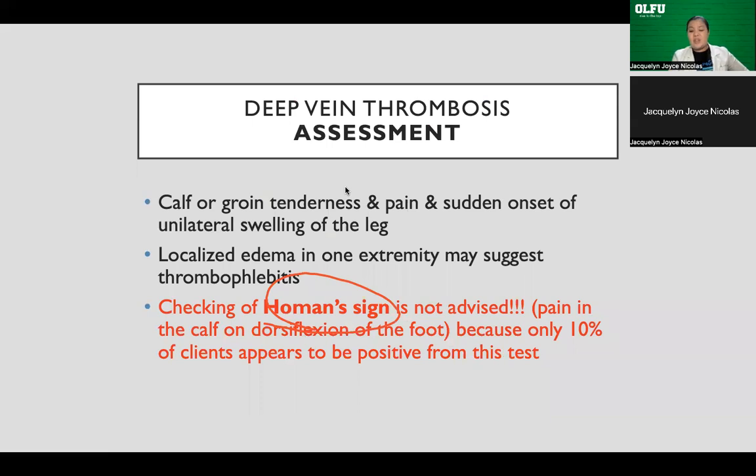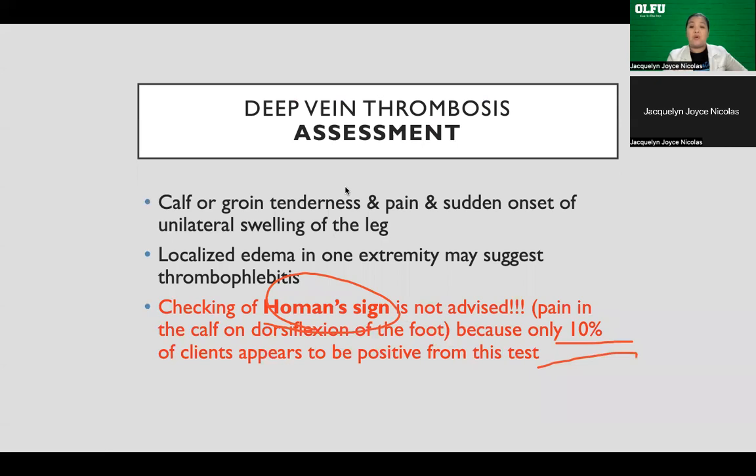Kasi, do you know that only 10% of individuals with DVT will test positive for Homan sign. Now, the rest is 90%. So if your basis is something that is not that definitive, then the chances of you going to another path is more likely.